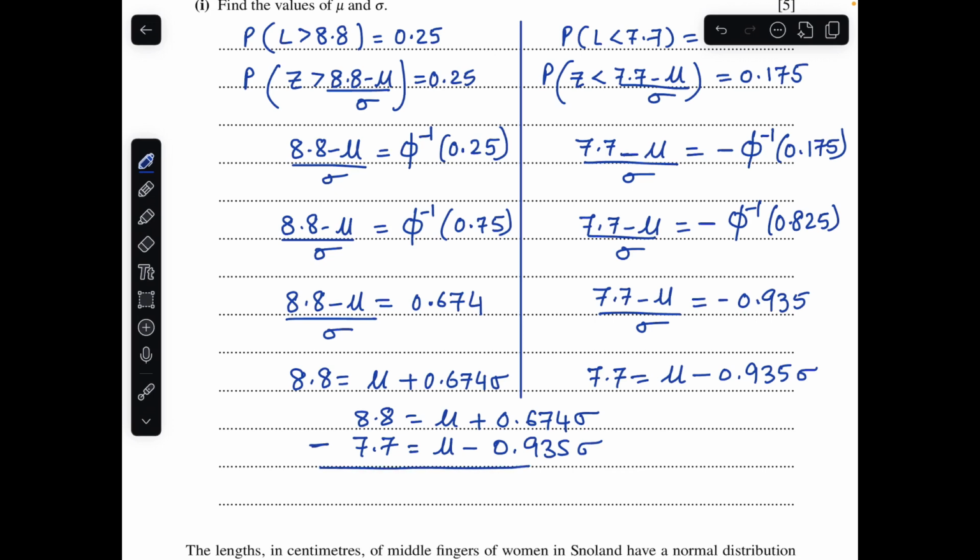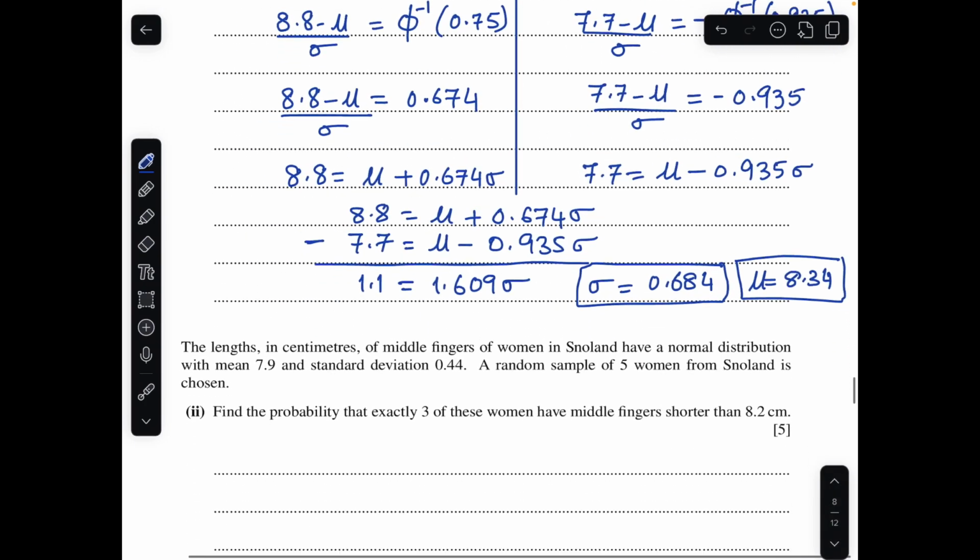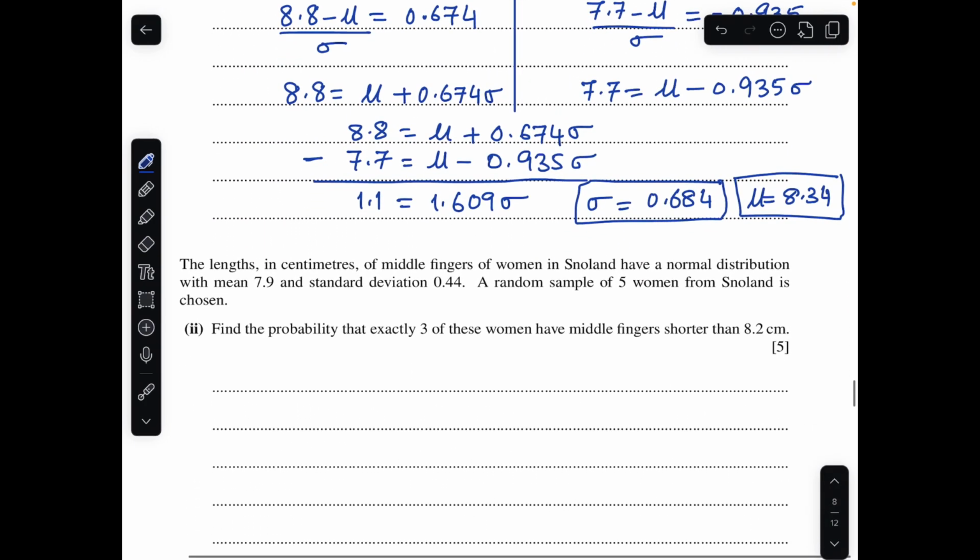You subtract them, that gives you 1.1 equal to 1.609 sigma, which works out sigma to be 0.864, and hence mean is 8.34, I guess. Right? Let's look at the last part over here.